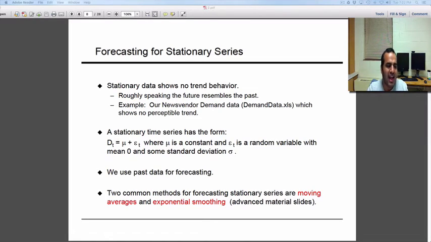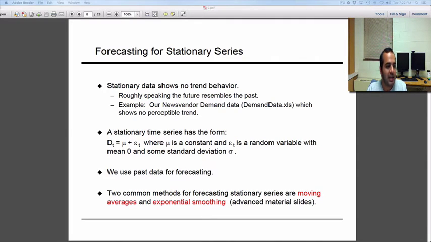We spent quite a bit of time discussing random variables in the first couple of weeks, so it's a good time to revisit them if you need to brush up your knowledge. Let's move forward by thinking about how to use past data for forecasting. Two common methods of forecasting stationary series are moving averages and exponential smoothing.